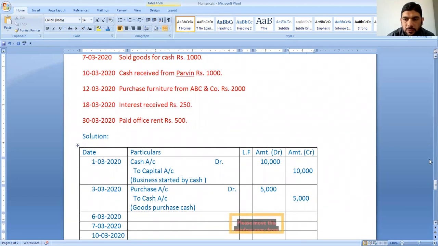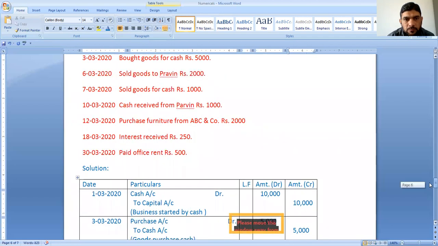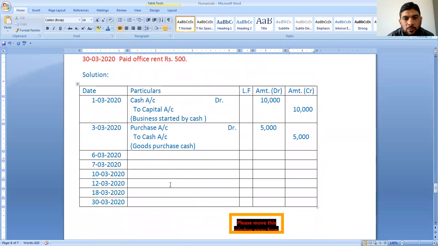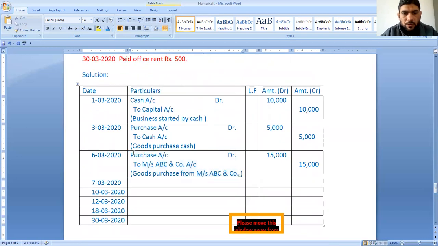Next transaction is on 6th. Sold goods to Parveen, rupees 2,000. Goods have been sold to Parveen. So the sales have been made over here. We may put Parveen in the debit column as he has not made the payment right now. So he will be treated as a debtor for the business.